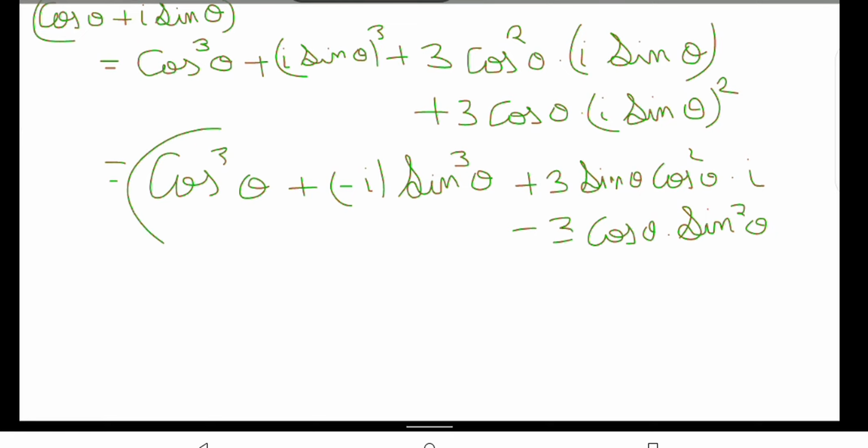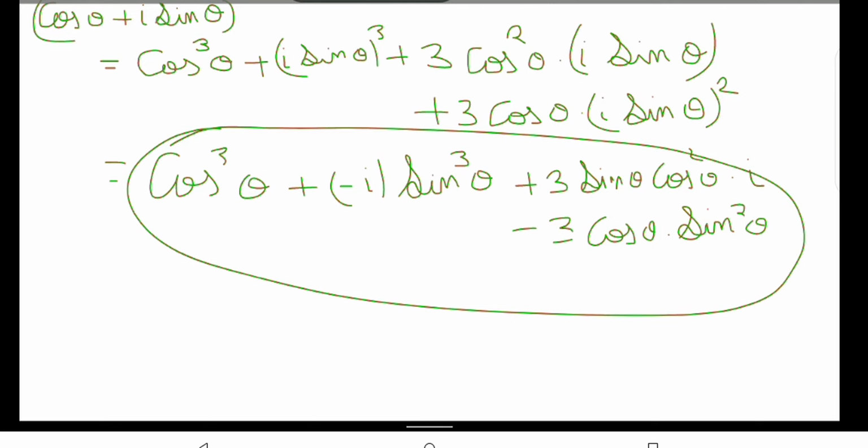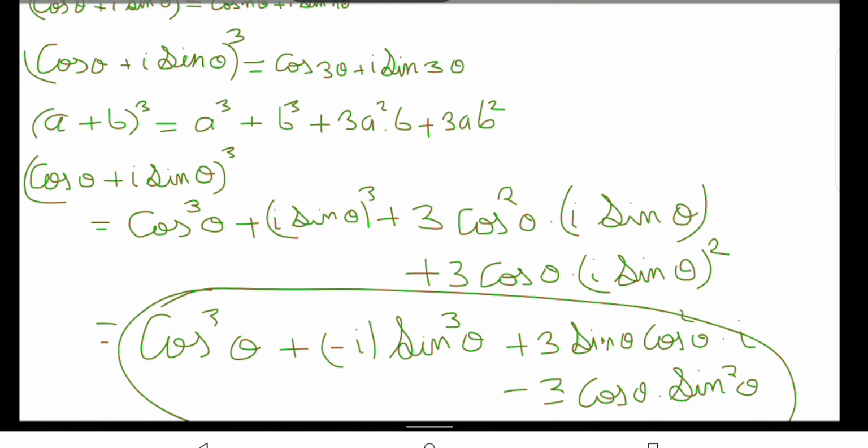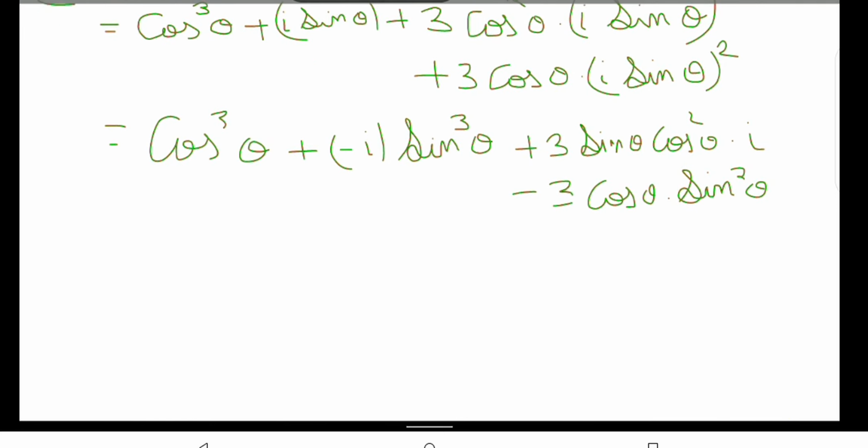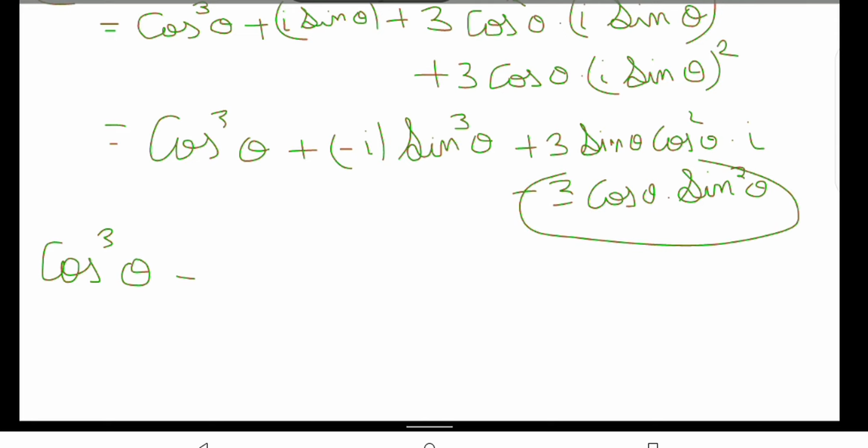Now let's plug this value of (cos theta plus i sin theta) whole thing cube in this expression. So we have cos cube theta, that doesn't have i, and this expression, the last one, this also doesn't have i. Let's write it separately.